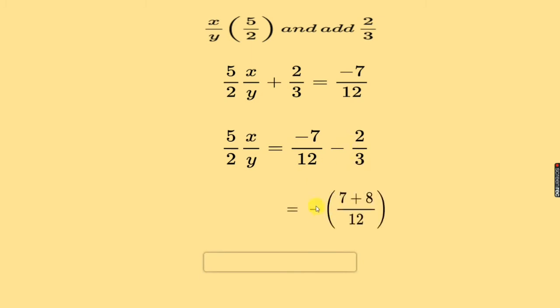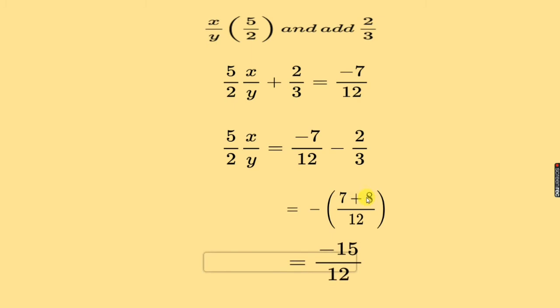Now taking minus as common, and taking the LCM of 12 and 3, the LCM would be 12. 12 divided by 12, we get 1, multiplied by 7, it is equal to 7. 12 divided by 3, we get 4, 4 twos are 8.